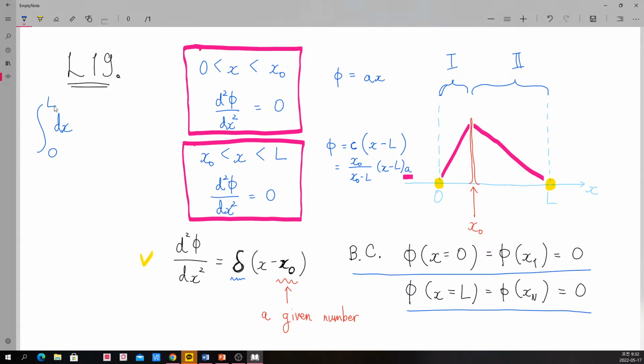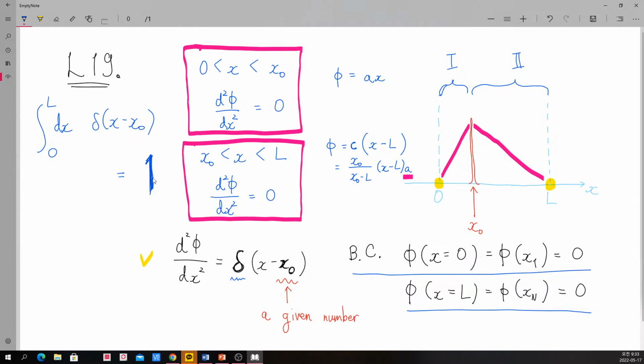So when we make such integration of our Poisson equation on the lower side, what will happen to our Dirac delta form? Yes, delta x minus x naught. From the definition of our Dirac delta function, we will have the unit value as a result.